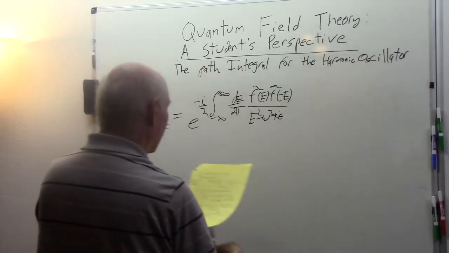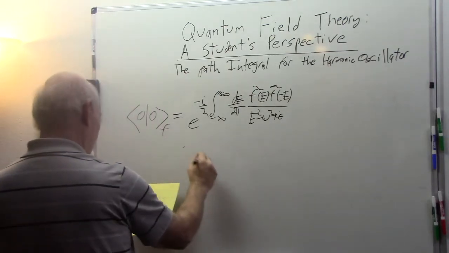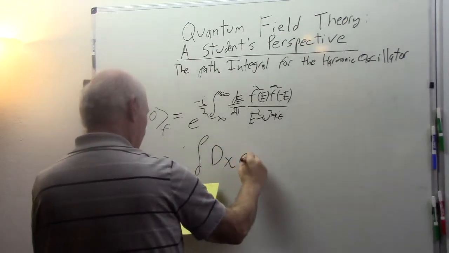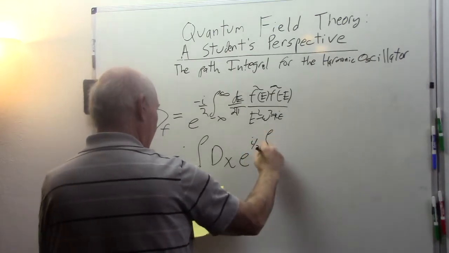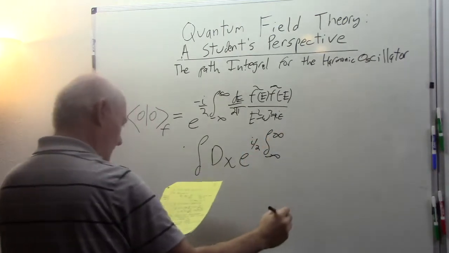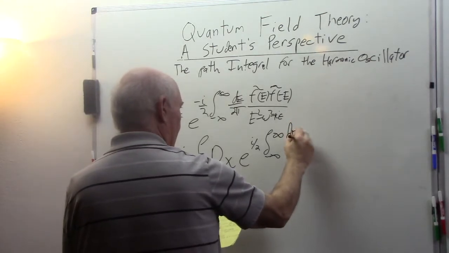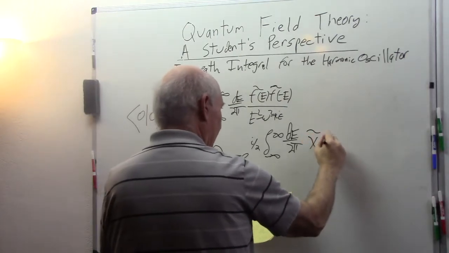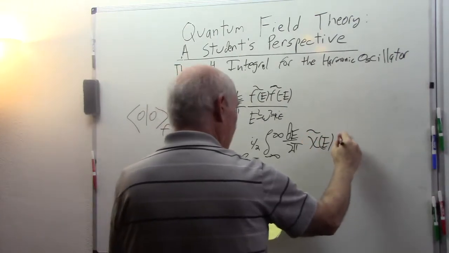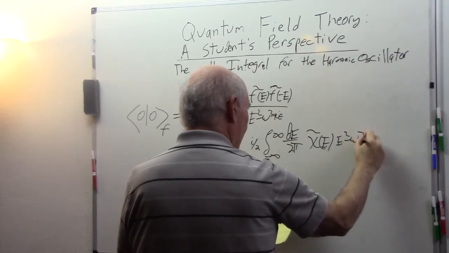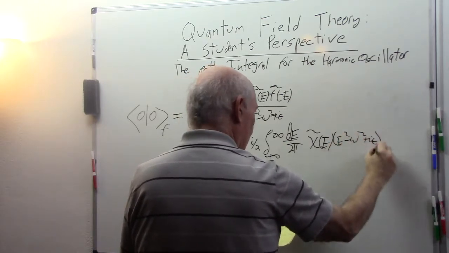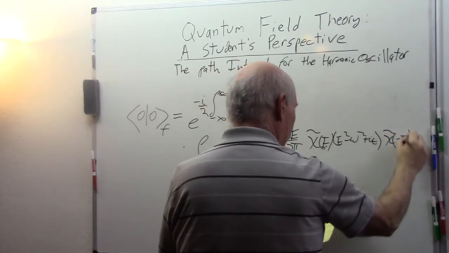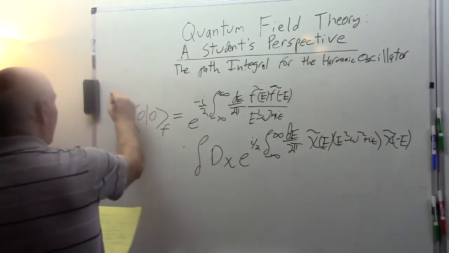So it's that times the integral of dx e to the i over 2, the integral from minus infinity to infinity, dE over 2 pi x tilde of E times (E squared minus omega squared plus i epsilon) times x tilde of minus E. So this is our big formula.